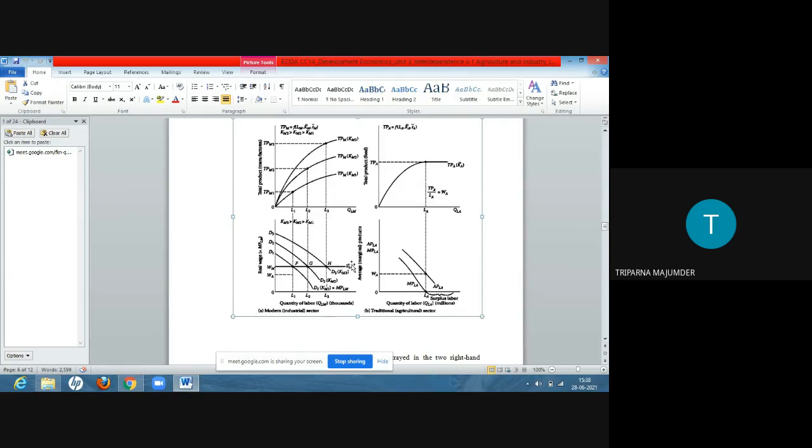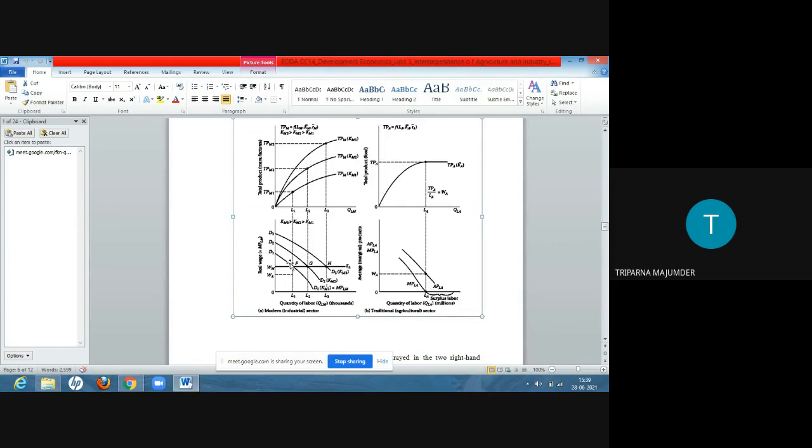This implies that at the urban wage WM greater than the rural wage WA, modern sector employers can hire as many surplus rural workers as they want without fear of rising wages.